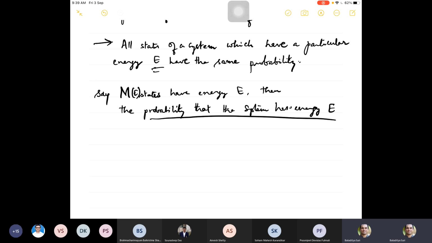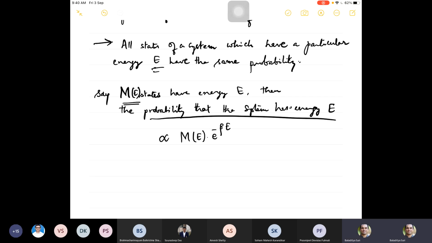And now what we are asking is, let us say there are m of E states, where m stands for multiplicity, each of which has an energy capital E. Then the probability that the system has energy E will be proportional to m of E times e to the power of minus beta E, quite simply because each state has a probability proportional to e to the power of minus beta E, and the probabilities of all these m of E states will add up.